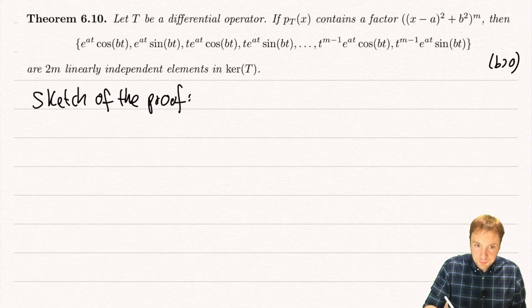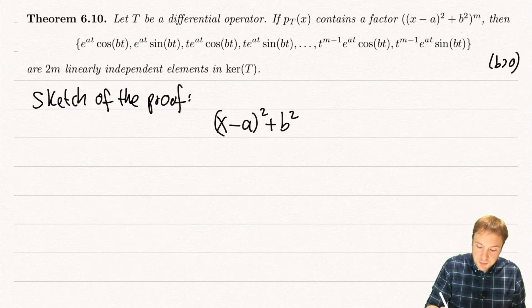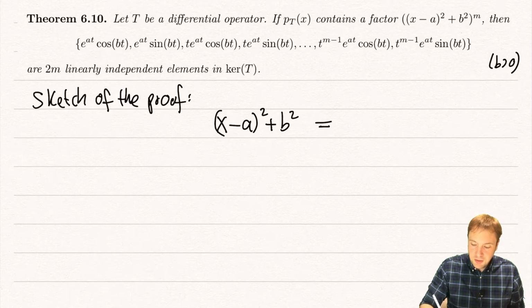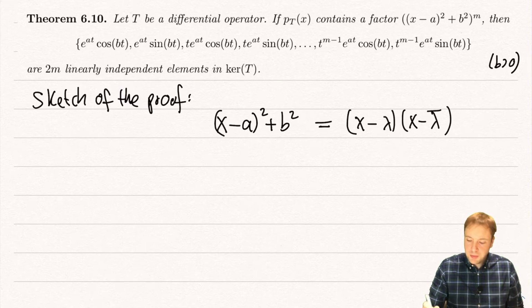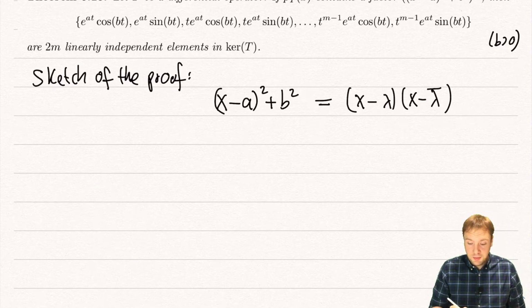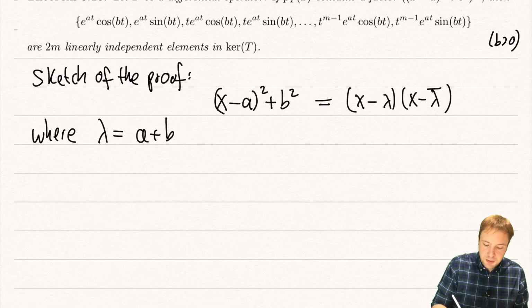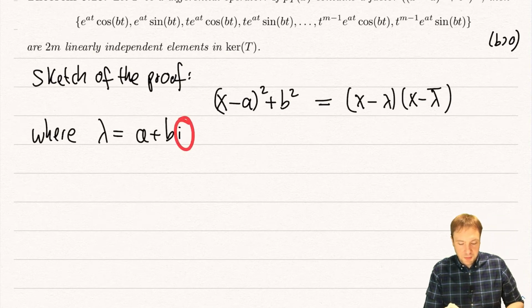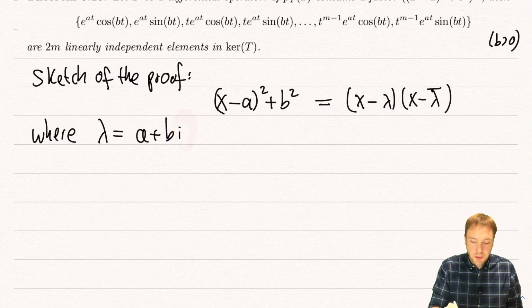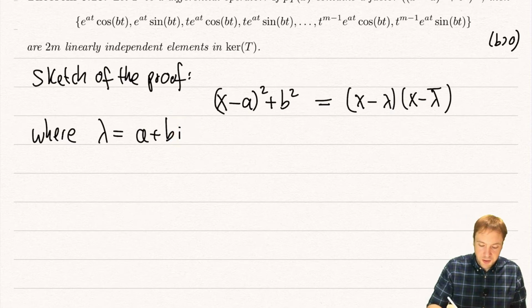So for this, this (x minus a) squared plus b squared can actually be written as (x minus lambda) times (x minus lambda bar), where these lambdas are not real numbers anymore, where lambda is a plus bi, where i is now the complex number, which, if you square it, is minus 1, so it's a square root of minus 1.